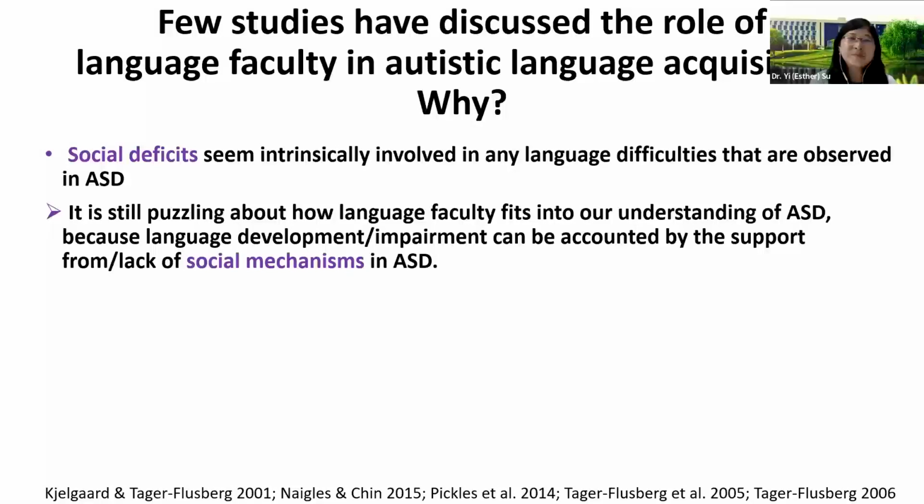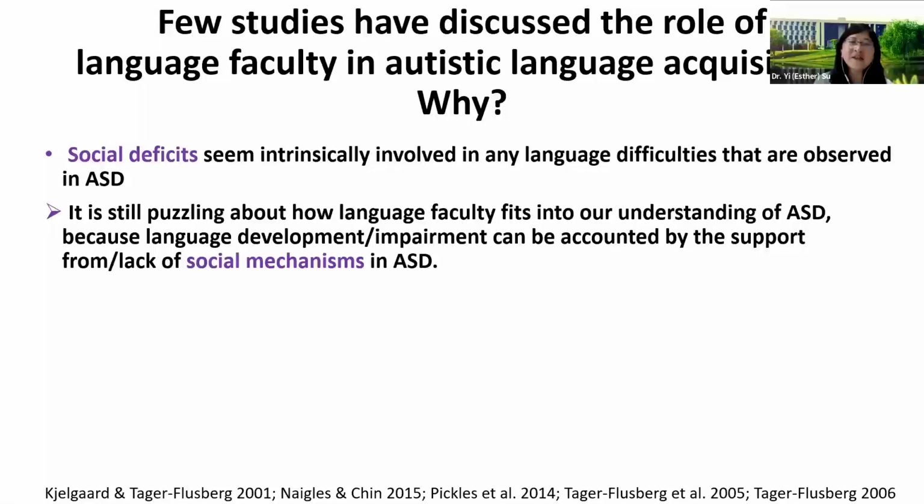So we think that maybe language development or impairment in this population can be accounted for by the support from, or lack of, social mechanisms in ASD. So we don't know the role of the language faculty in the language development of these children, because social deficits are a core diagnostic symptom of this population.